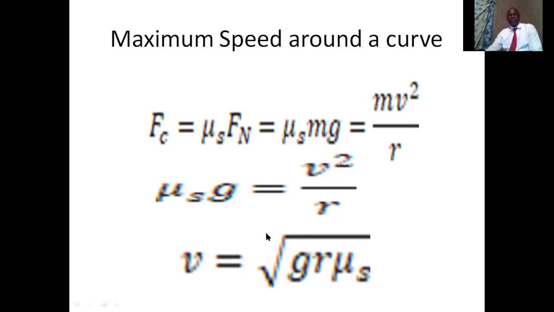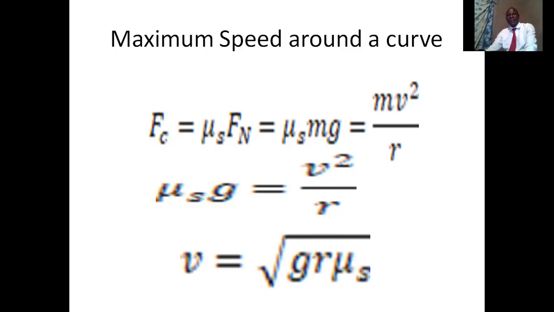So we note that the velocity of the vehicle negotiating a curve does not depend on the mass. A very big vehicle like a lorry and a small vehicle, what it depends on to negotiate a curve is merely its speed and not the mass.